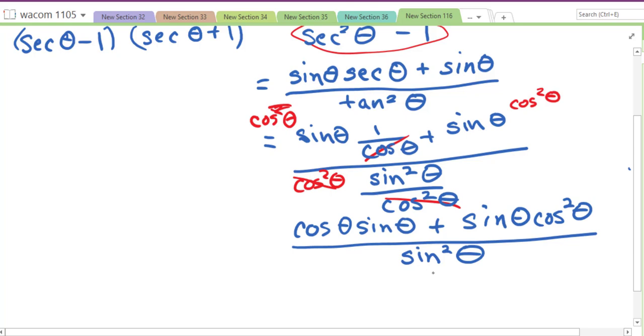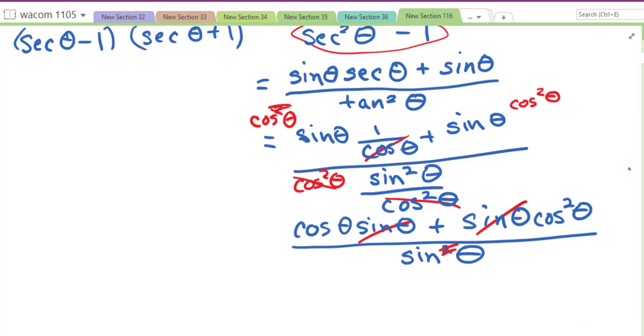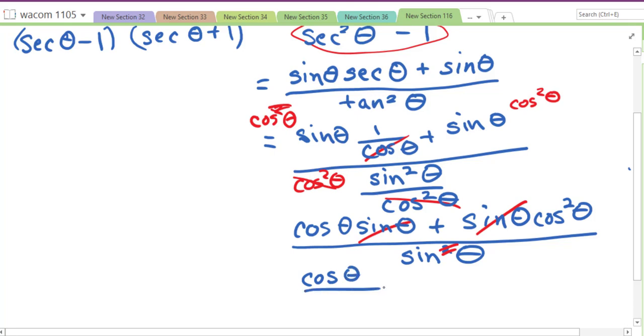So I'm going to divide out one of the sine thetas, this one and one of these. Right? So now, if I break it up, I have cosine theta over sine theta plus cosine squared theta over sine theta.